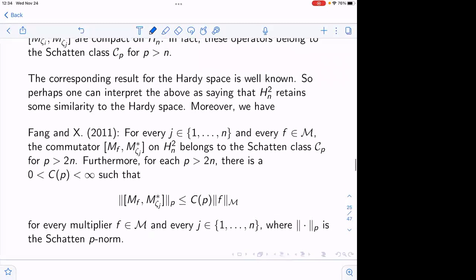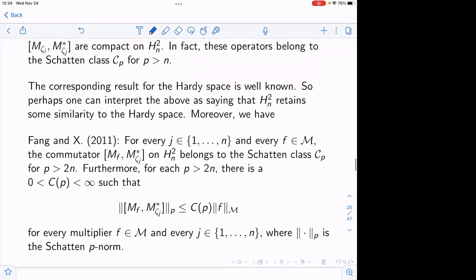So in 2011, Charney and I came up with this result. That is, instead of a commutator of the adjoint of multiplication by a coordinate function with multiplication by another coordinate function, we will look at this kind of commutator, where one of them is just a multiplication by a multiplier.